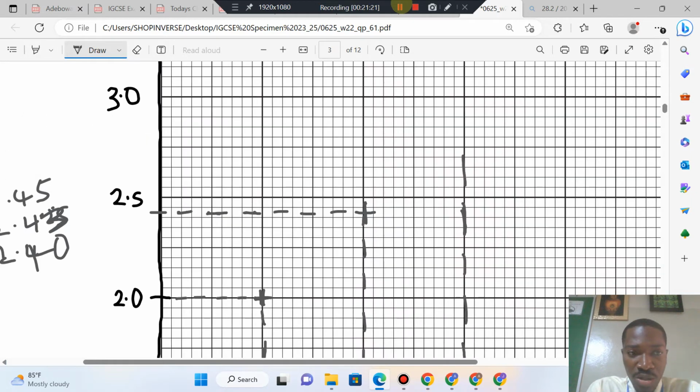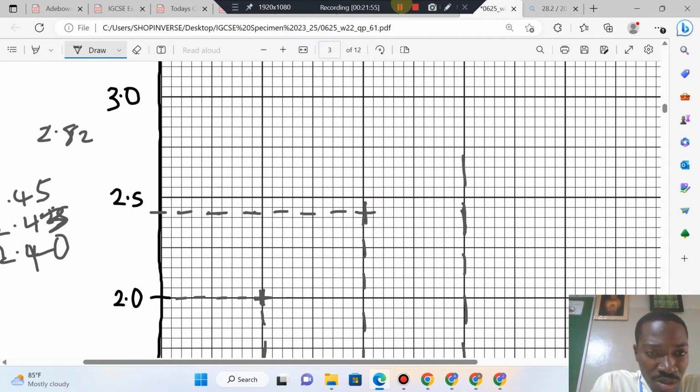So how do you get 2.82? Here is 2.5, 2.6, 2.7, this 2.8. We take this as our 2.82.